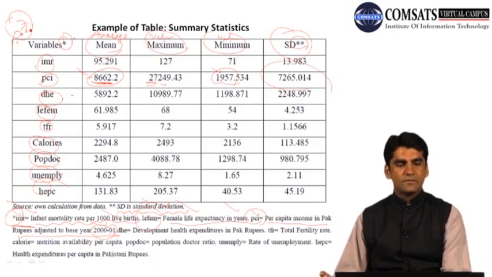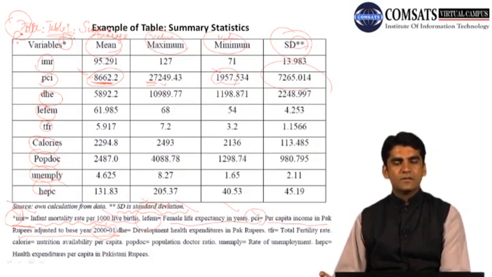Here you can put the title. For the title, definitely, just like you give a number to a figure or graph, you can also give a number to a table. So it is Table number 1, which says Summary statistics of the variables.